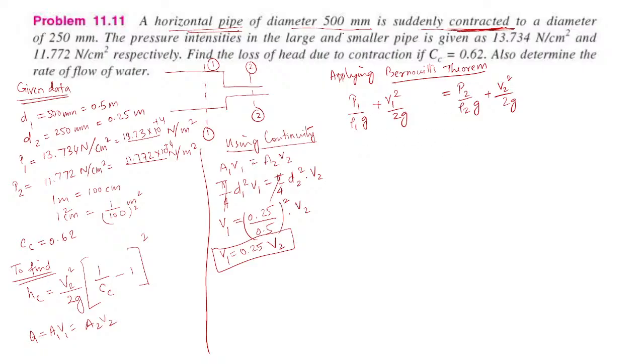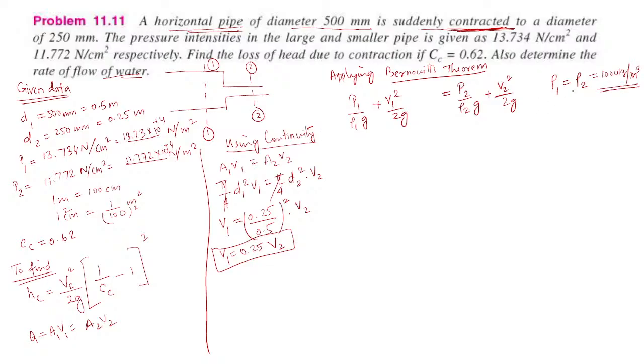Now see what fluid they have mentioned. Yes, they have mentioned water. So can I say that rho 1 is equal to rho 2? Of course, when the fluid is flowing from section 1 to 2, the properties are not getting changed, right? So it remained the same, which is 1000 kg per meter cube, which is fixed.